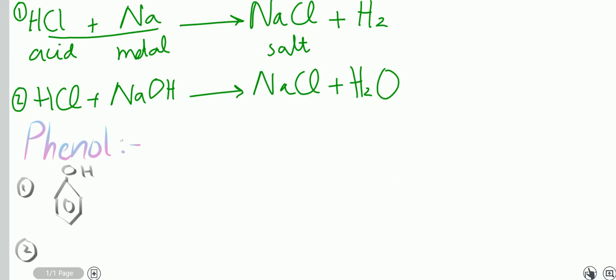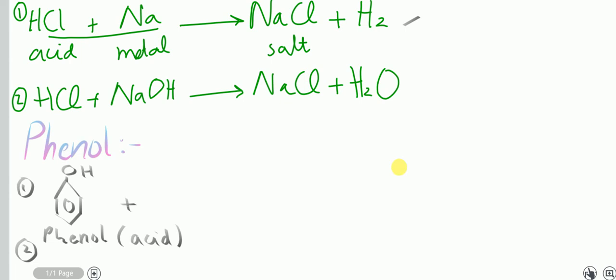So now over here we have phenol, which is going to act like an acid, and we're going to react this like we did over here in this reaction.